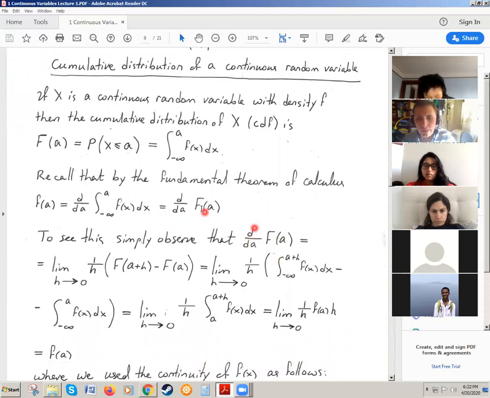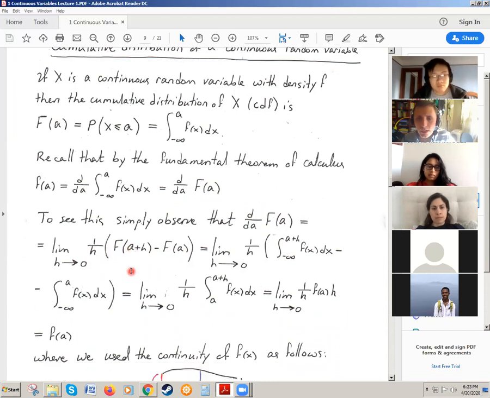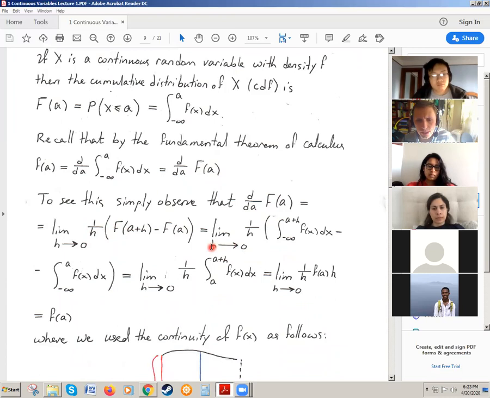Well, the derivative of the cumulative distribution, by the definition of the derivative, is the limit as h goes to 0 of the difference multiplied by 1 over h. That's the definition of a derivative for any function. Correct, guys? And if I just work it out, I take the limit as h goes to 0 of 1 over h times the integral from minus infinity to a plus h minus the integral from minus infinity to a, which clearly is gathering area all the way up to a plus h, and this is gathering area all the way to a.